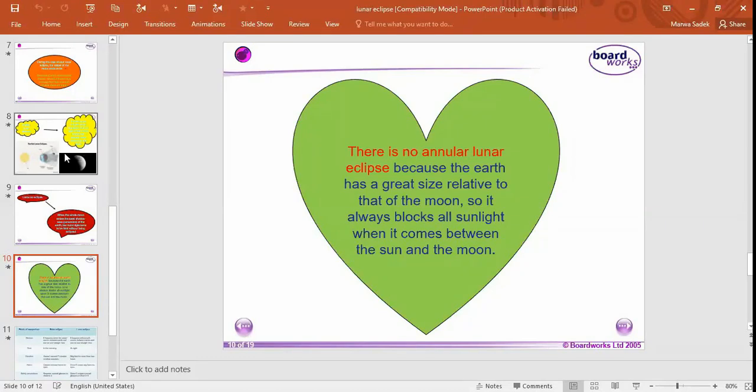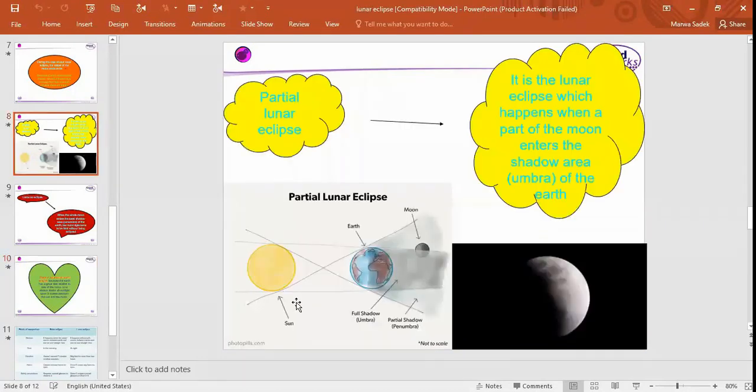If you look here at this picture, and I ask you to compare the size of the Earth and the size of the moon, you will tell me that the size of the Earth is greater than the size of the moon. So the Earth always blocks sunlight from reaching the moon.